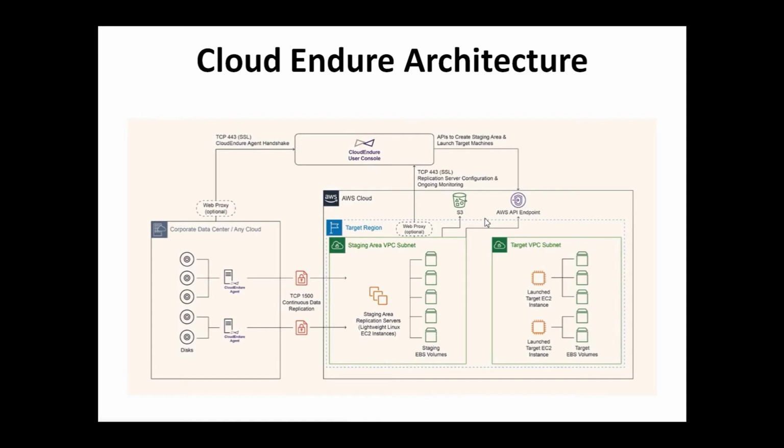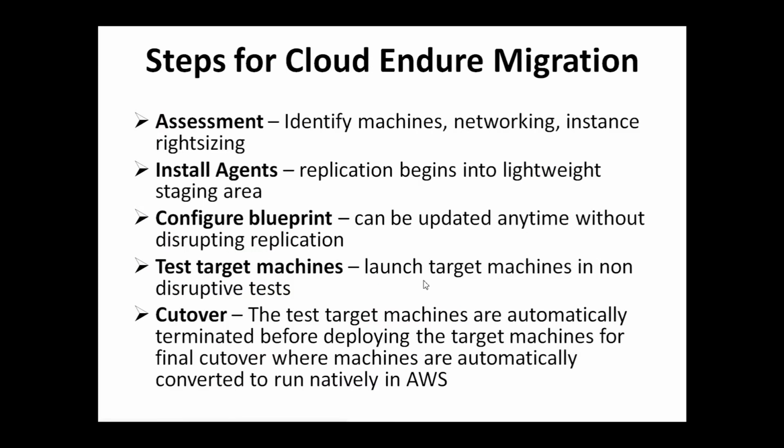Some things you need to remember here. Let us go ahead with our steps. In the steps for CloudEndure migration, first we need to do the assessment, where we identify the machines, networking, and instance right sizing.